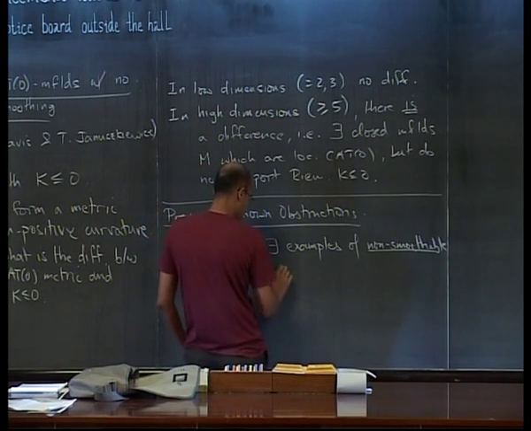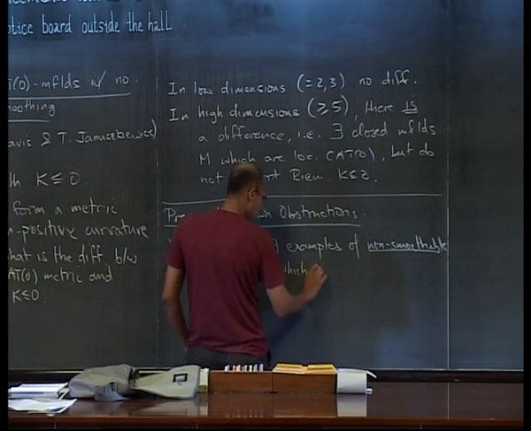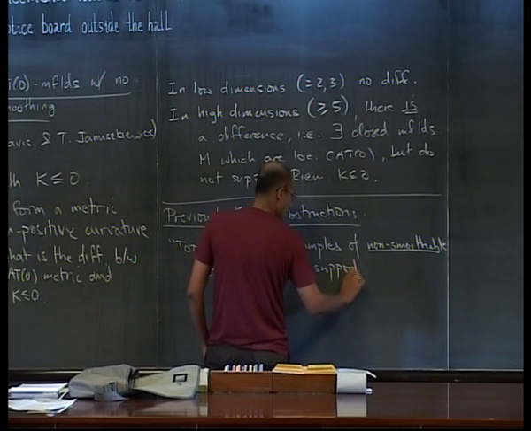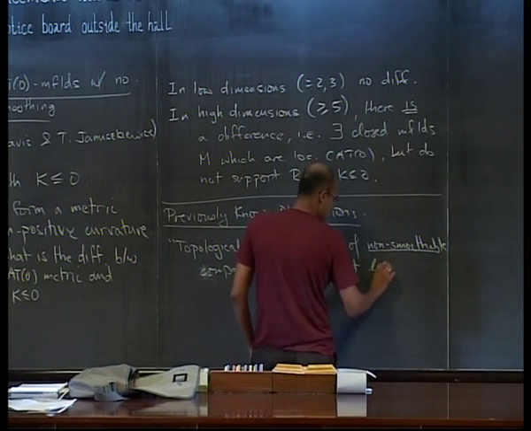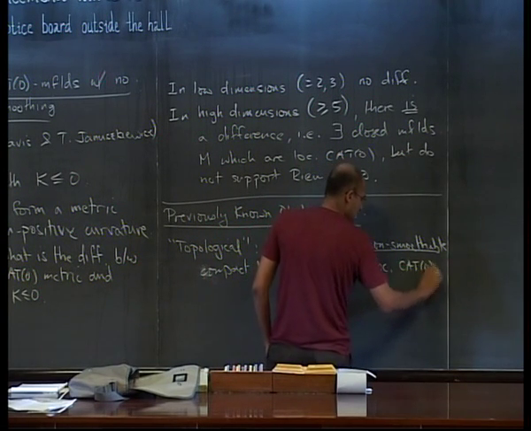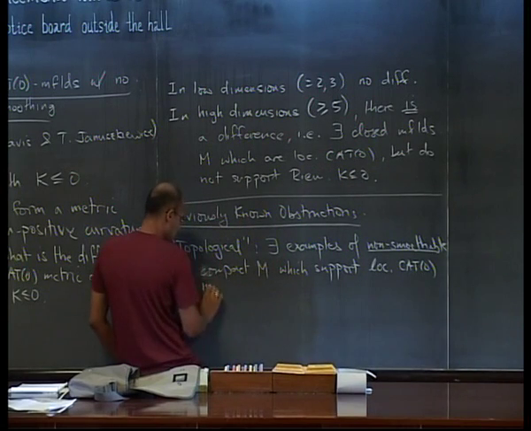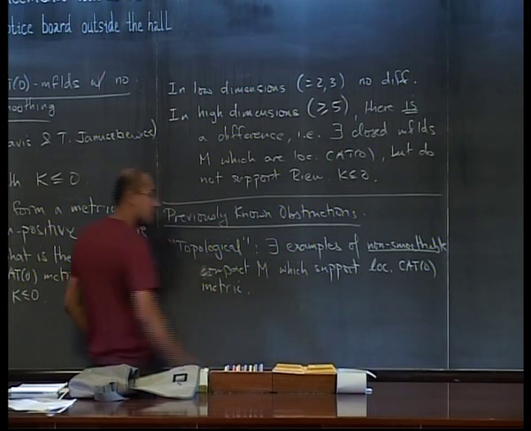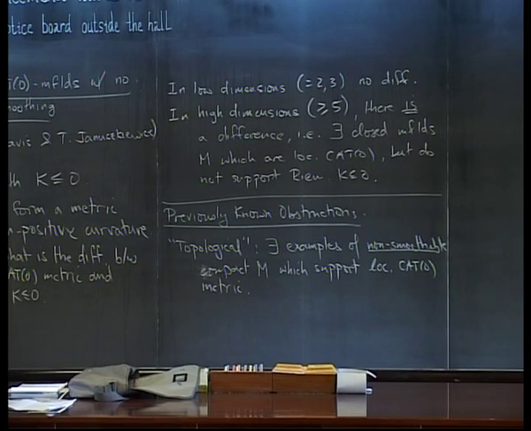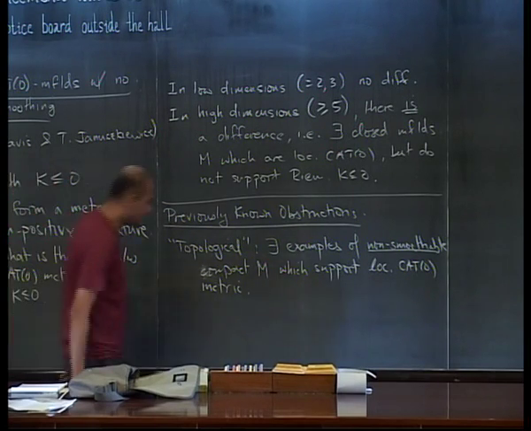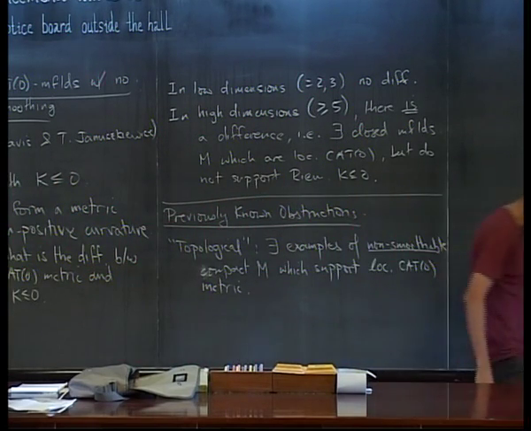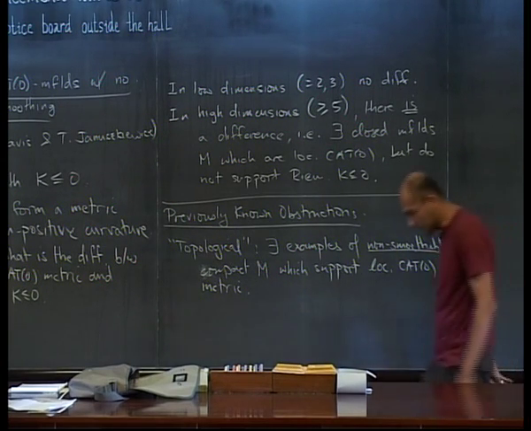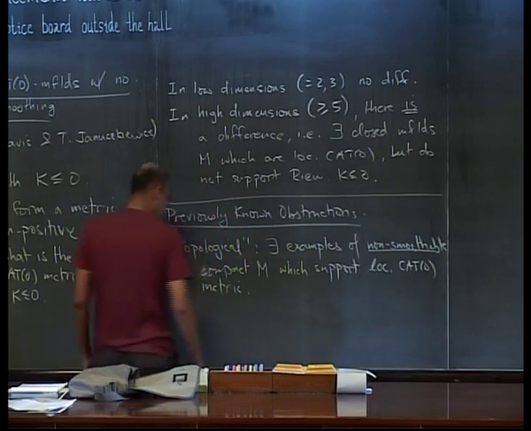Compact M, which support a locally cat-zero metric. In particular, those manifolds won't support any Riemannian metrics because they don't even support a smoothing. Okay, so that's the topological, and within there are various different types of examples you can look at.